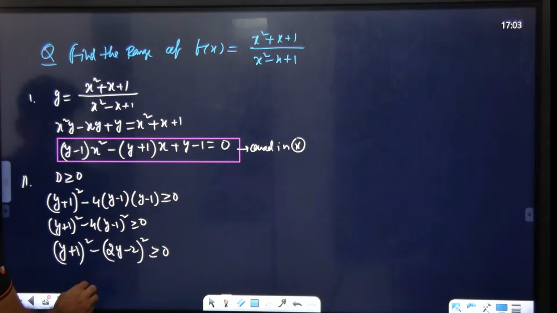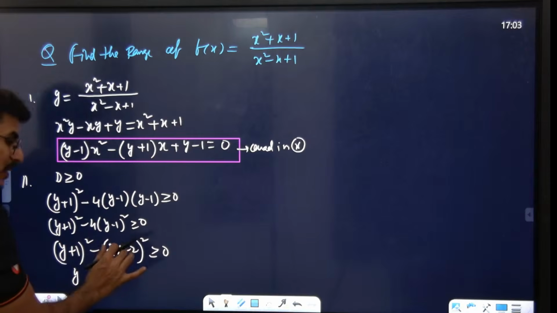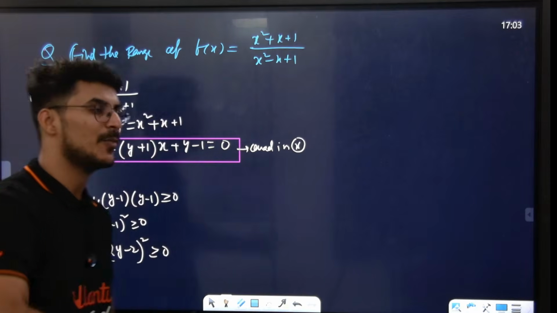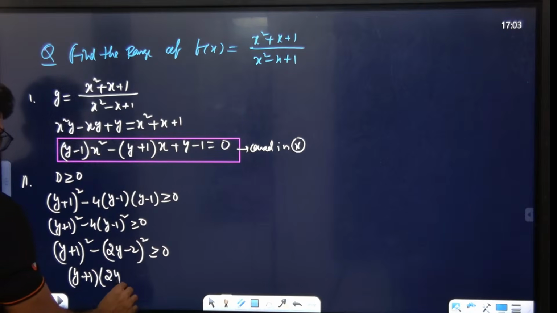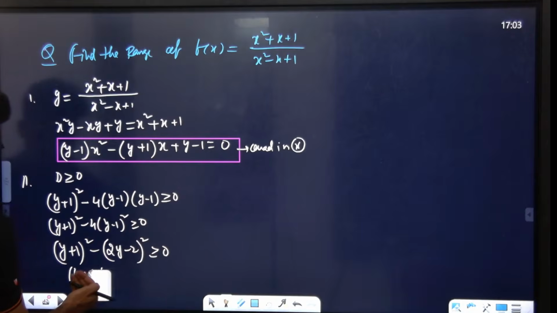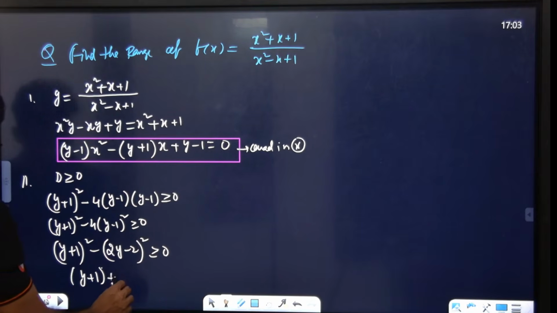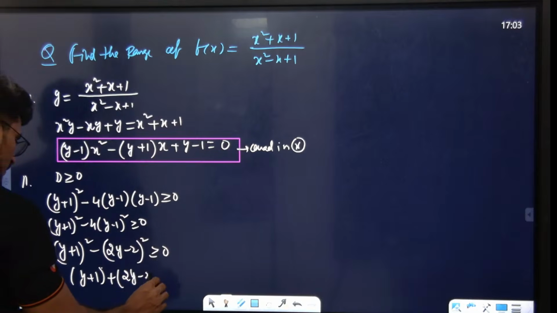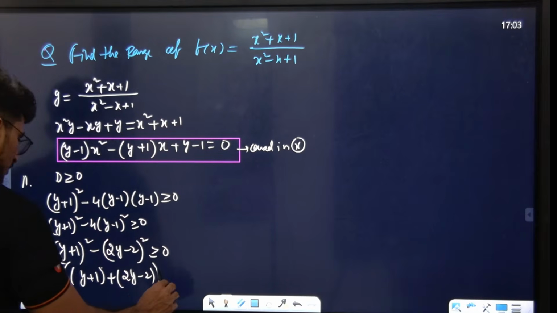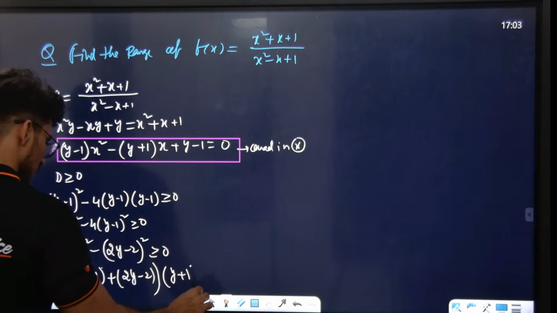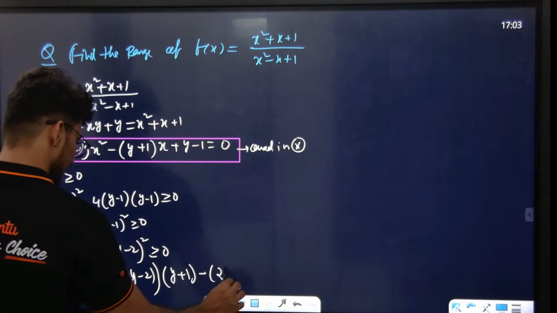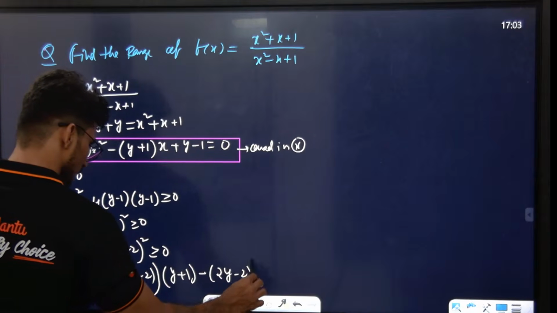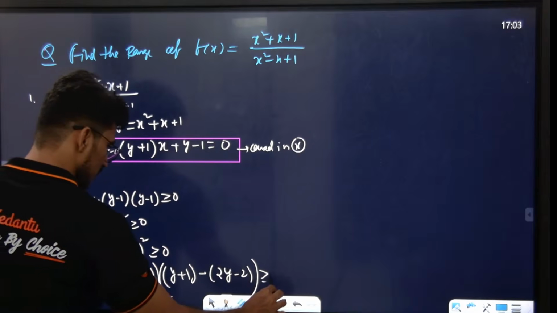Pari idu a square minus b square mari irukka illaya? Yes sir. Appo a plus b into a minus b apply panikalama? A plus b into a minus b greater than or equal to 0.